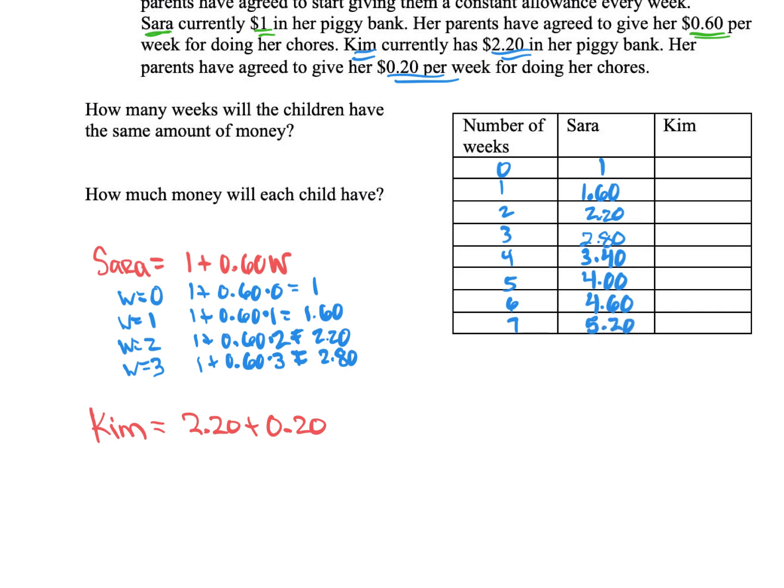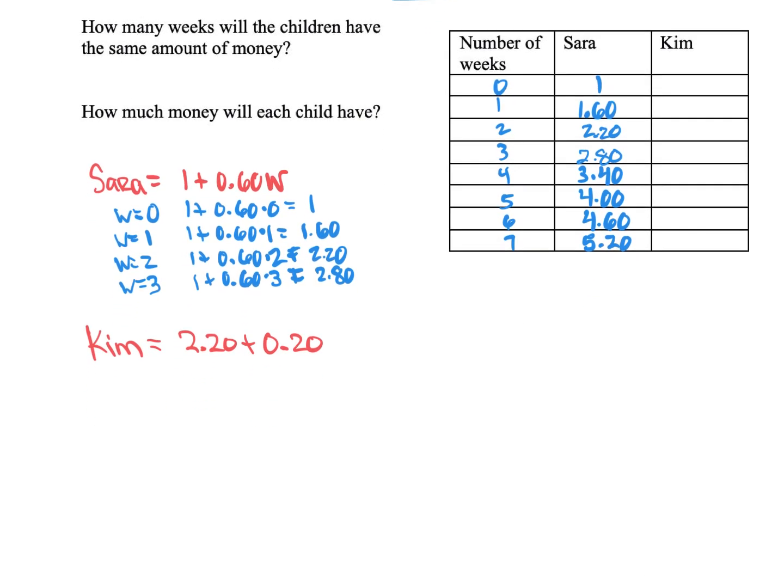Okay. Let's try Kim. Let's move this up a little bit. All right, so we have Kim, and we need to add in our week. So $2.20 to start, and 20 cents per week. So we have week, not months, week 0. So 220 plus 0 times 20 cents is 220. So this first one is $2.20.